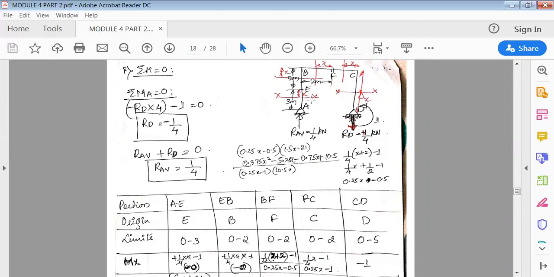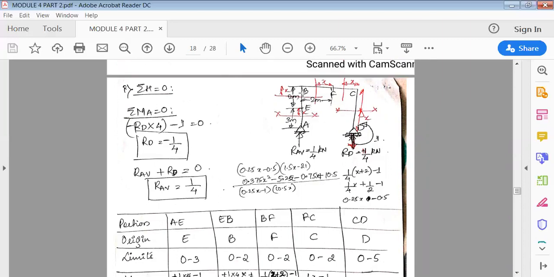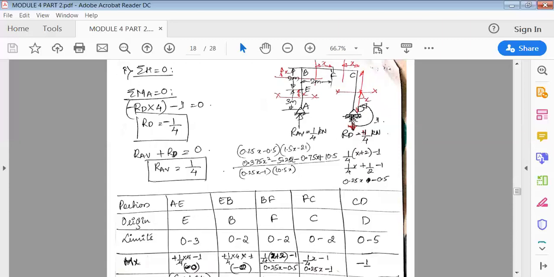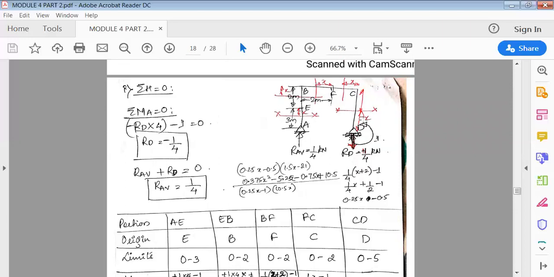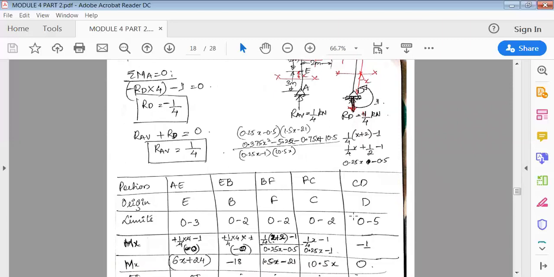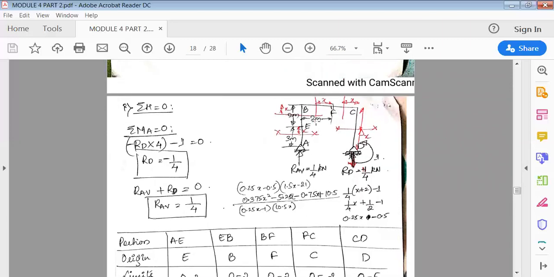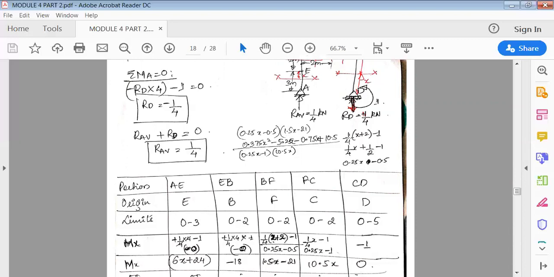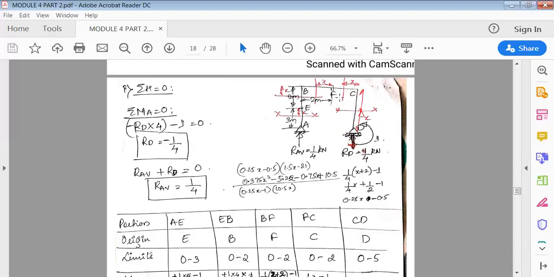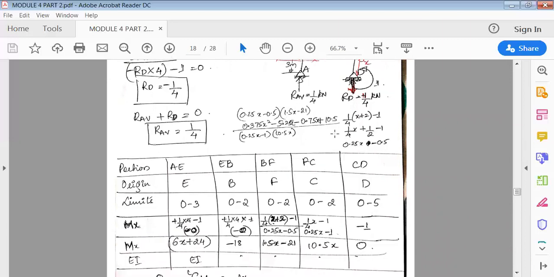Similarly, next in the EB span, check the right side of forces. Again, it is 1/4 into its perpendicular distance clockwise minus 1, so again it is 0. Next, in BF, it is now 1/4 into the perpendicular distance, which is x plus this distance 2, so it is x plus 2.